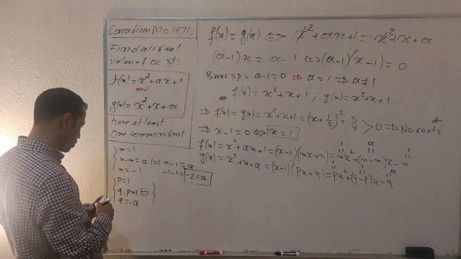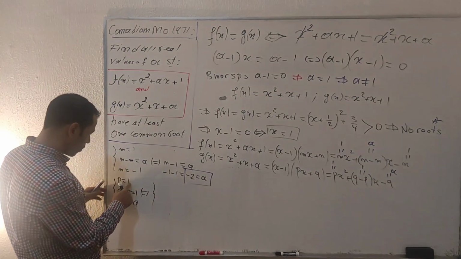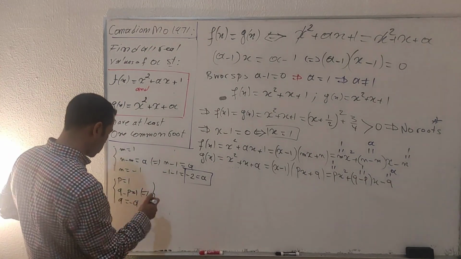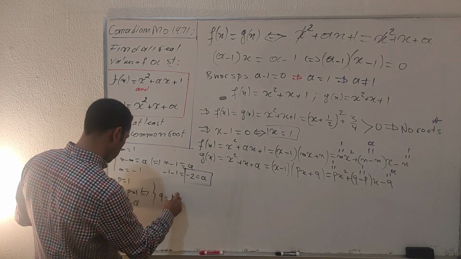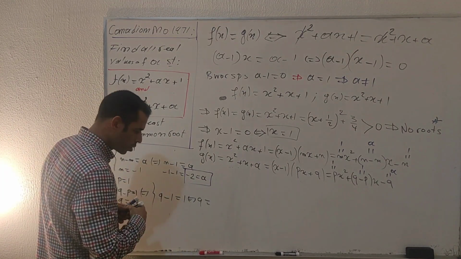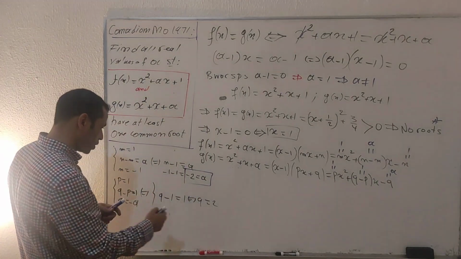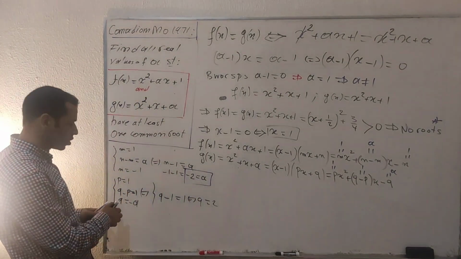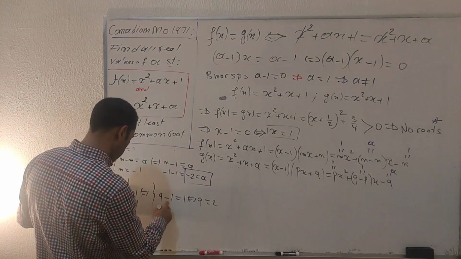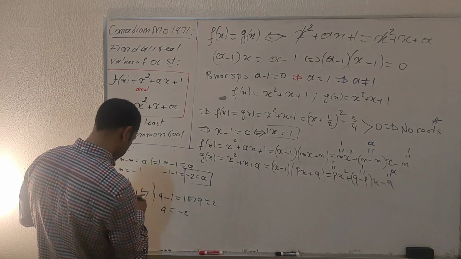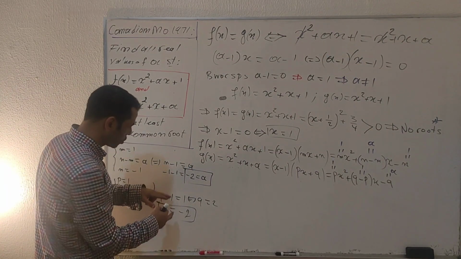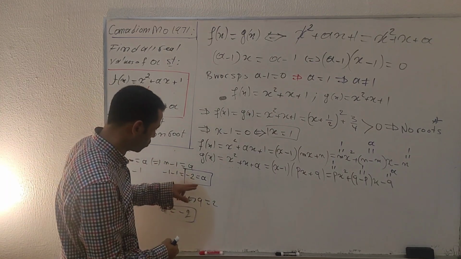We check it now. I take this value of p and insert it into the second equation. I get q minus 1 equals 1, in other words q equals 2. Taking this value of q and inserting it in the last equation, I get a equals minus 2. Both systems give the same value of a, which is minus 2.